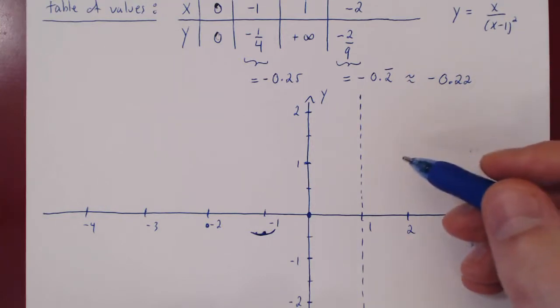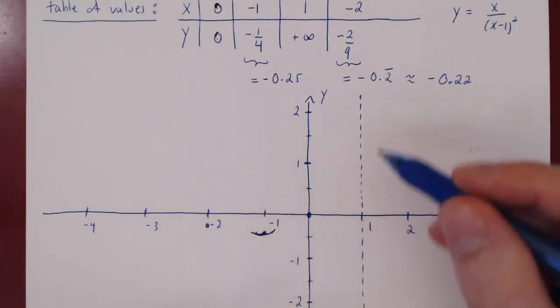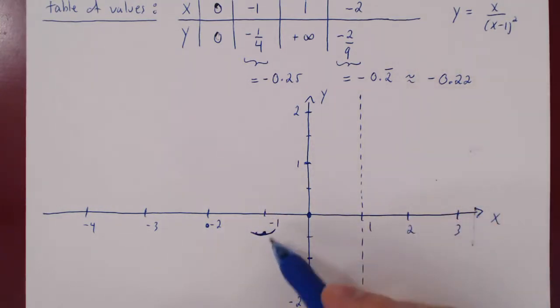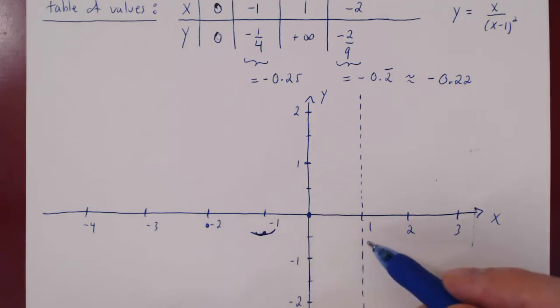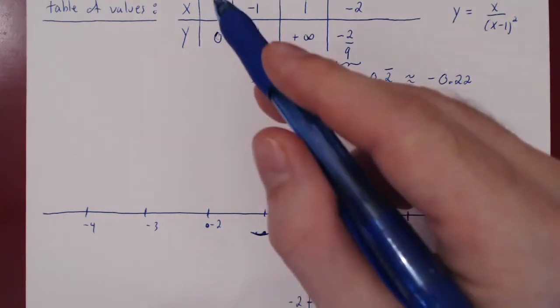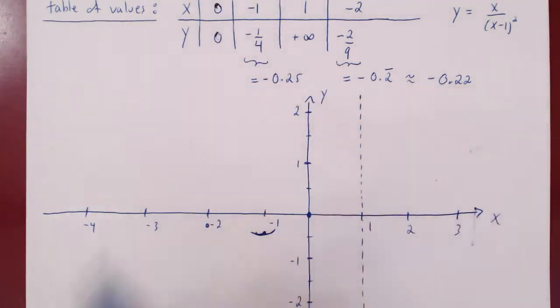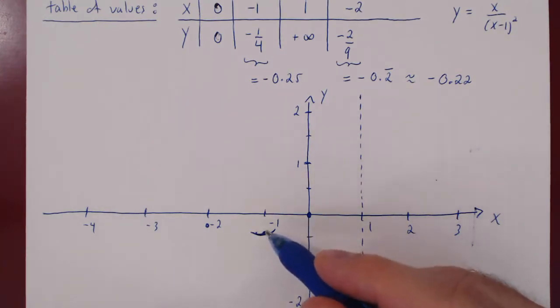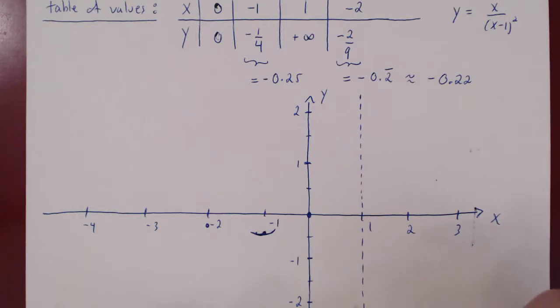Now, this was the only critical point other than the vertical asymptote. So let's see what's happening now. From -1 to 1, there's nothing special at that point. So from -1 to 1, there are no critical or inflection points.